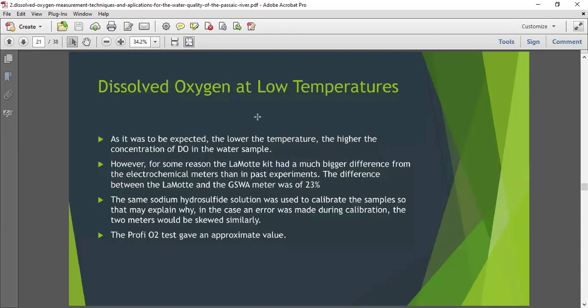The difference between the La Motte and the GSWA meter was 23%. The same sodium hydrosulfide solution was used to calibrate the sample, so that may explain why, in case an error was made during the calibration, the two meters would be skewed similarly.